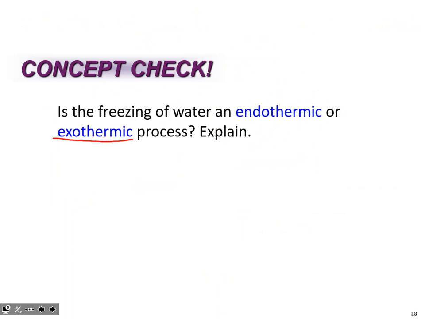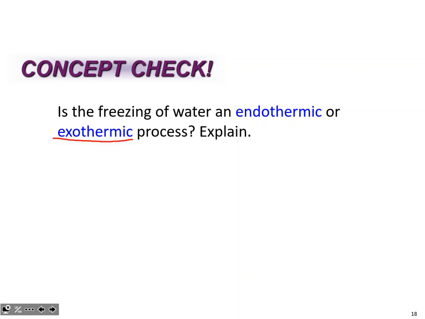Now, let's think about this. This applies to phase changes. Phase changes are a little bit different than chemical reactions in terms of the way I like to think about it. I have these liquid particles of water, and they're moving around and flipping, and they have a lot of free movement. So when they start to slow down, they're losing what? Kinetic energy, that energy of motion. They're losing it because they're slowing down.